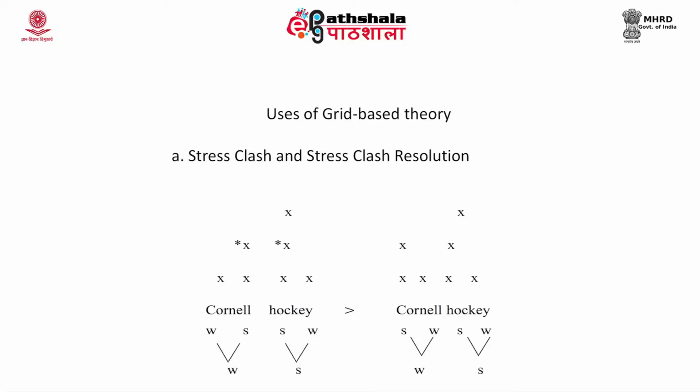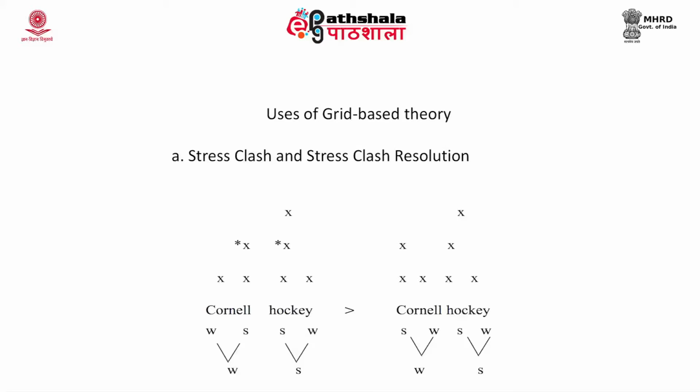Now the phenomenon of stress clash is explained thus. If there are 2 stresses at a given grid level, and those 2 stresses are also present at the lower grid, then we have instances of stress clash.